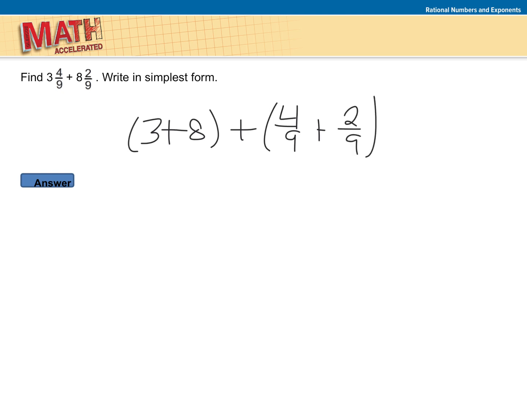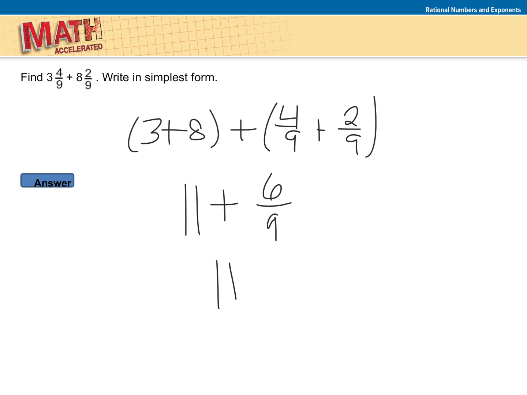Okay, now I add the whole numbers. What's 3 plus 8? 11. Now the fractions. What do you notice about those fractions? They're the same denominator, so what's my denominator going to be? 9. So add the numerators. 4 plus 2. 6. Can I leave it like this?